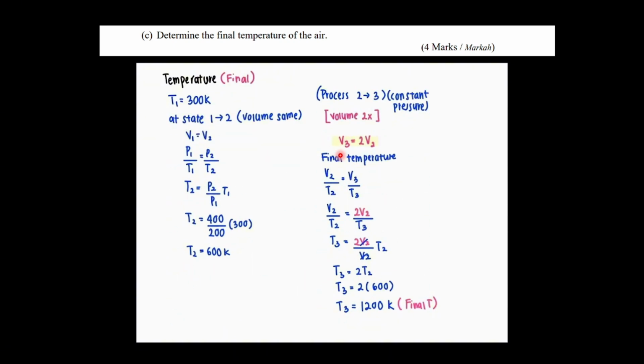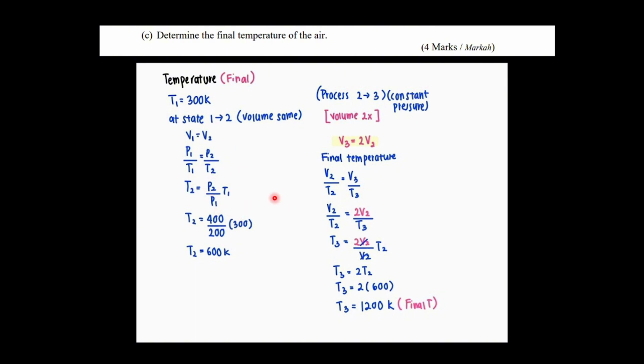And C, determine the final temperature of the air. Okay, the final temperature. As we know, the initial temperature is 300 Kelvin at state 1, and from state 1 to 2 the volume is the same. So by the formula PV equals mRT, with the same volume, we get P1 divided by T1 equals P2 divided by T2.